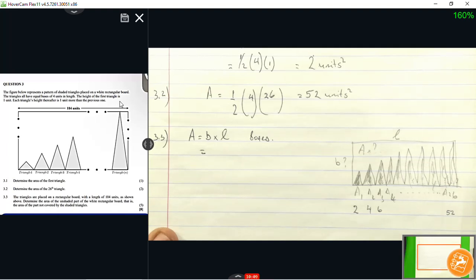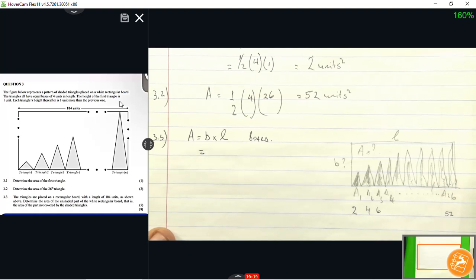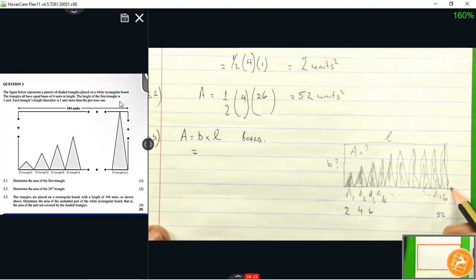Okay, I need to remember that the height of my triangles can be helpful. So if I have this last triangle going exactly there on top, touching the side, it means this height there is 26 units. Alrighty. Then what else do I know? They tell me that I have placed the triangles there in the first sentence.